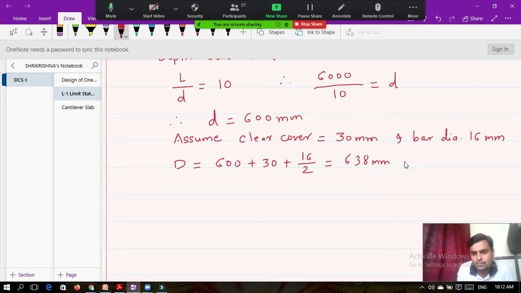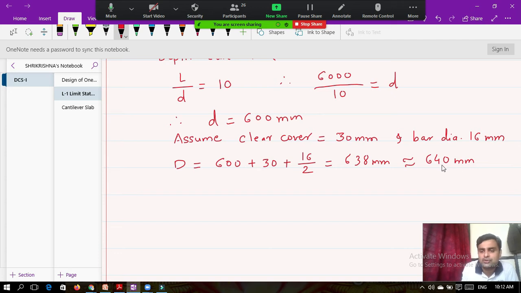So we round up this depth to 640 mm. Now, for small d, that is 600, we got the value of capital D as 638, but now we have increased this value to 640, so our effective depth is also going to increase.